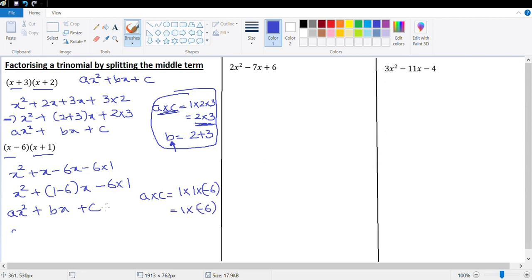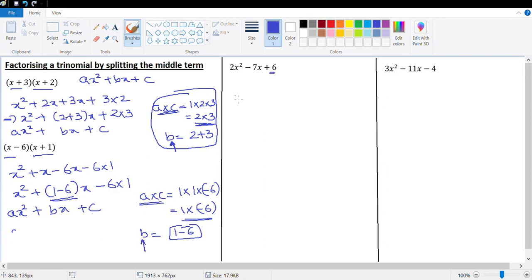That's the factors of a into c. And b is 1 minus 6. The two factors, if I add them, this is what I get. So I need to factorize a into c in a manner that the sum of which will be the middle term. That's basically splitting the middle term.